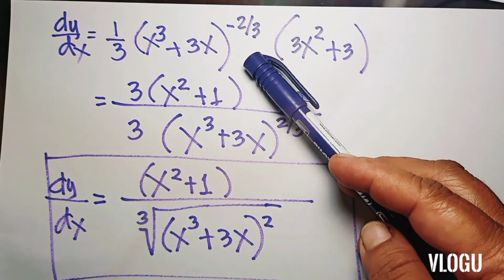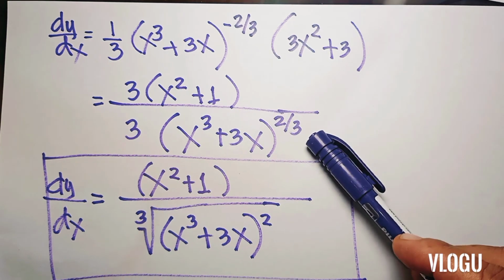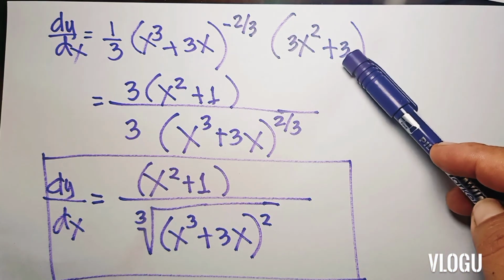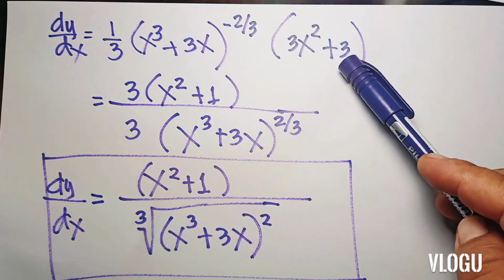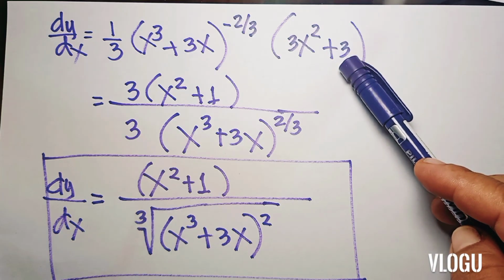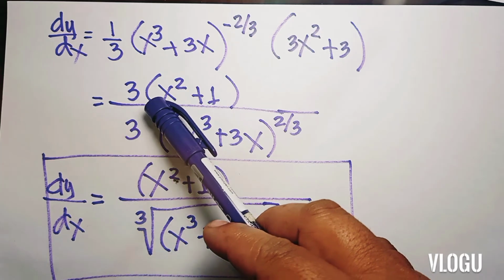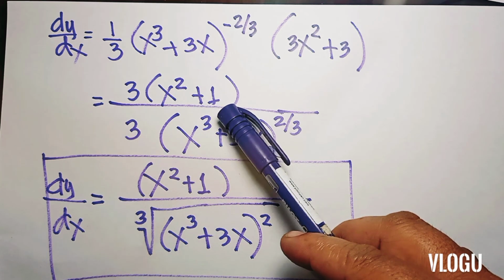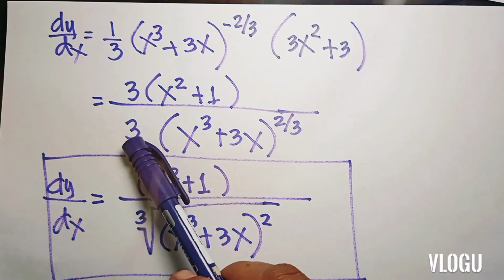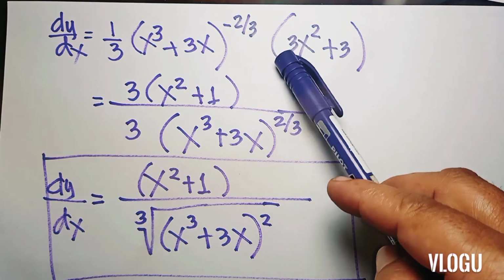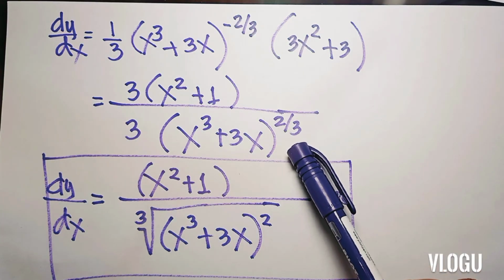So this is negative 2/3, so we are going to bring that down so that it would become positive. In 3x squared plus 3, if you look at here, 3 is common. So we are going to factor that out. So we have here 3 times (x squared plus 1) over, this is 1/3, so you have 3 here. You bring this down, that would become 2/3, positive.